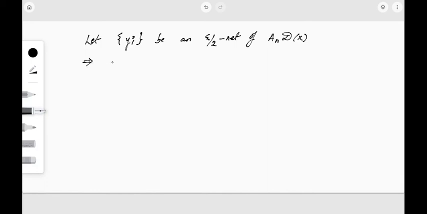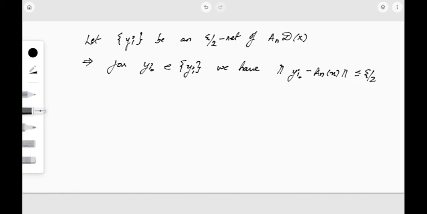So this implies for some element y_i dot in the set y_i, we have norm of y_i dot minus A_n of x will be less than or equal to epsilon by 2. I am marking this as 2. Okay, so let me choose y, an element of A d of x.